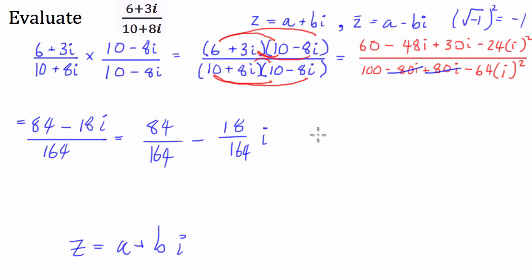Now obviously we're going to simplify that. So 84 over 164, divide them both by 2, we get 42 over 82. We can divide them by 2 again, so we're going to have 21 over 41. Minus 18 over 164 divided by 2 is 9 over 82, and that's as far as we can go.